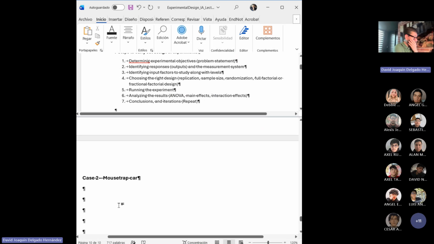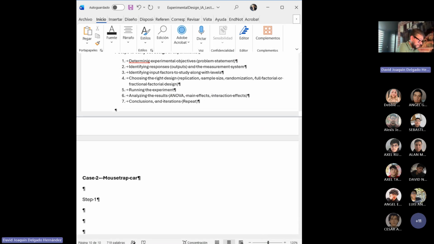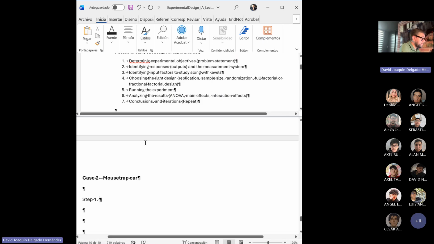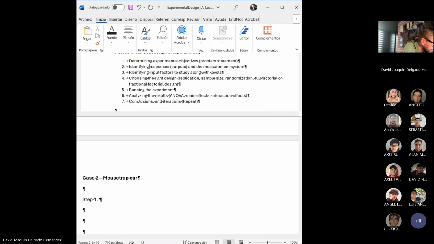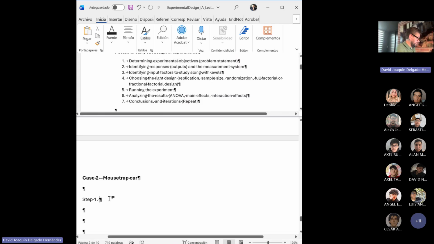Okay, so let us start with step number 1. Determining experimental objectives. So I am going to copy. I am going to paste it here.